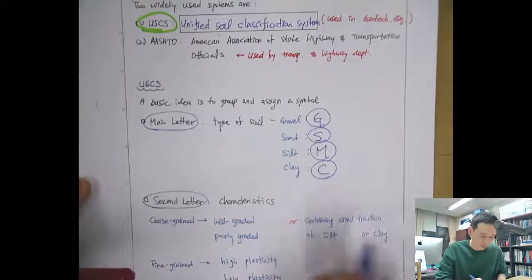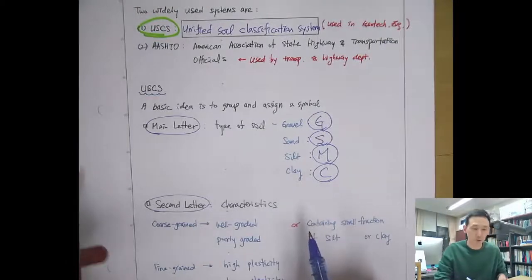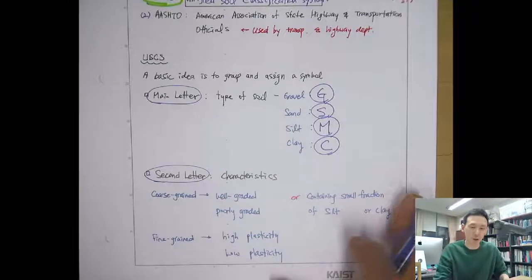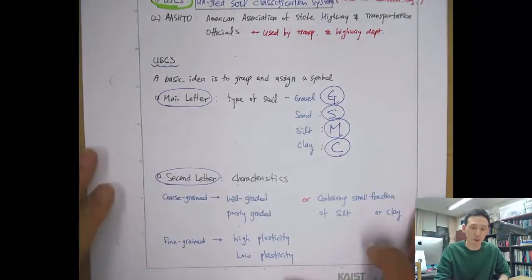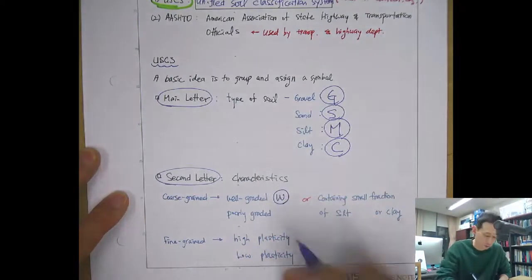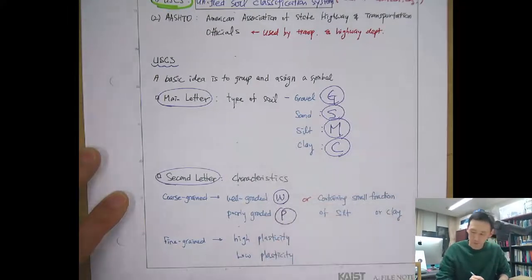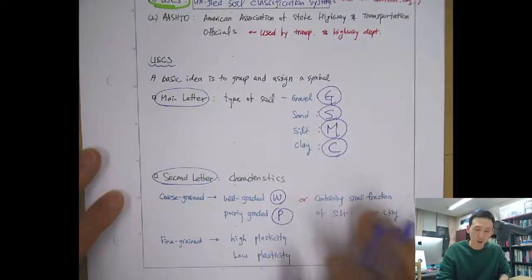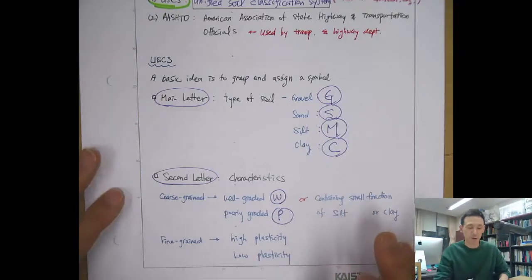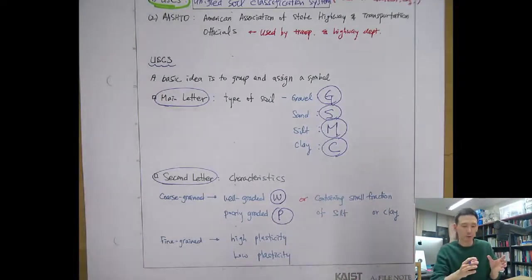And the second letter, for the coarse grain soil, normally captures the gradation, how the particle size distributes. For the well-graded soil, we use W, and for poorly graded soil, we use P. And if it contains some fine fraction, you may have a soil that's mostly sand but also contains some fraction of silt.